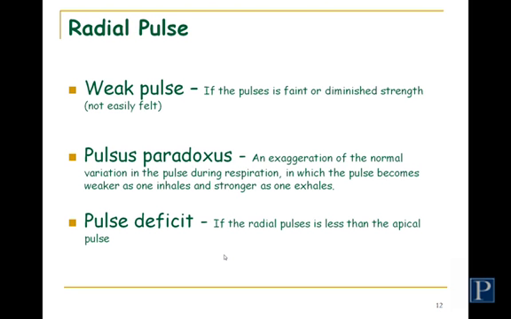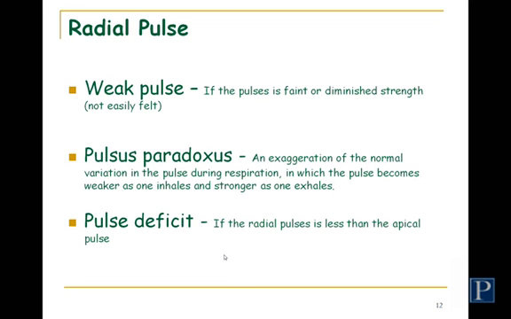By the time it makes its way down to your wrist, you may not feel it, because the pulse pressure wave was diminished significantly and didn't start off high to begin with. So you got your apical pulse, which is right over the chest wall, the heartbeat. It pumped the blood out, but it was pumping out less blood. And so what you have is what we call a pulse deficit.